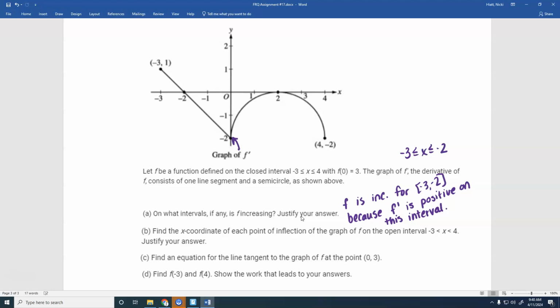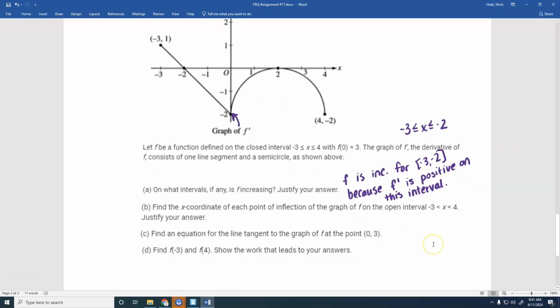You could do one of those two, but I would not say -3 to -2, just because it's not mathematical notation, and I'm afraid of how they might interpret it there. It also doesn't tell you whether the endpoints are included. Again, it doesn't matter on this one, but I wouldn't do that really ever on the test. All right, we good here?